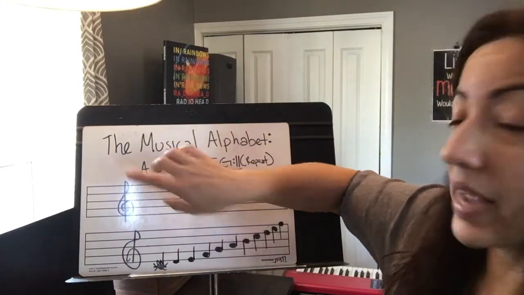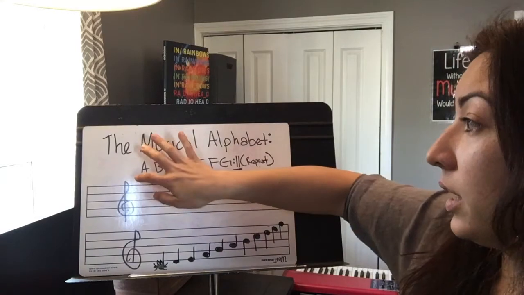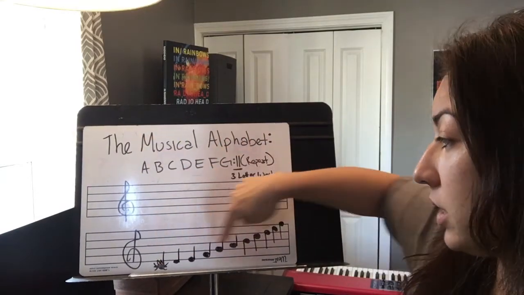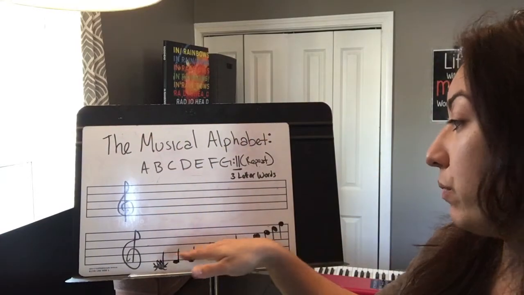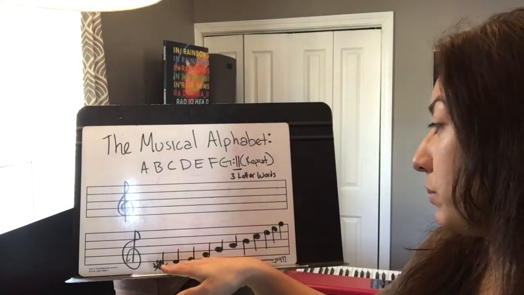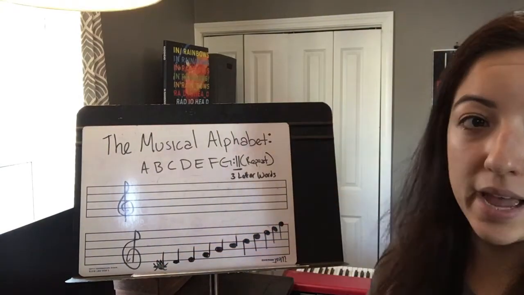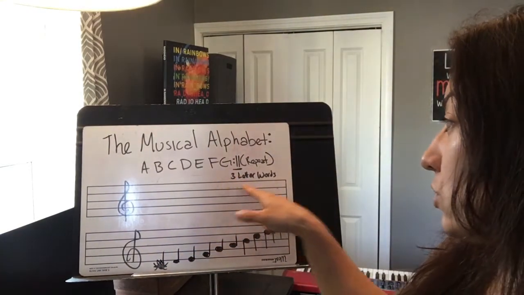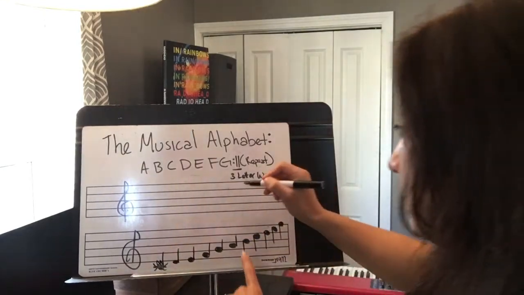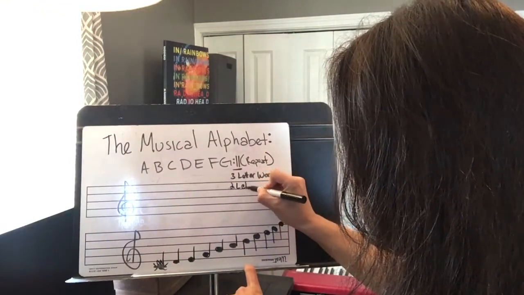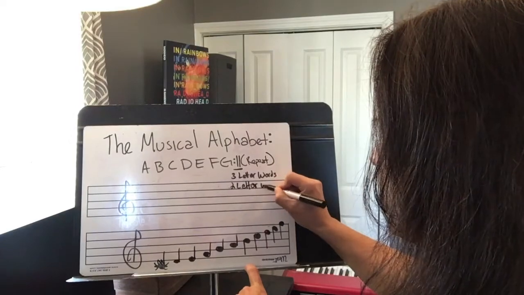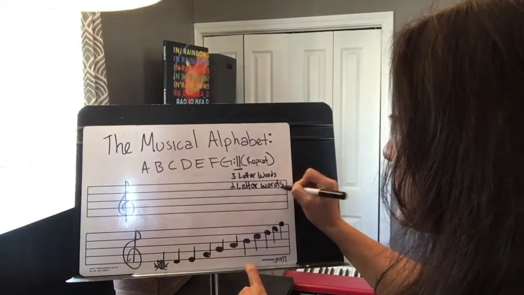This is C and that's A, so don't get confused. These are your choices, and this is the order of the alphabet going up from C all the way to high F. So you can do 3-letter words, 2-letter words, or bonus option, 4-letter words.